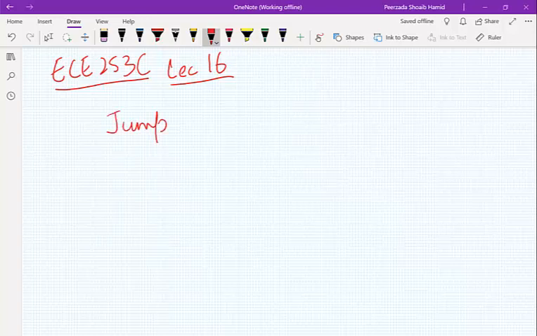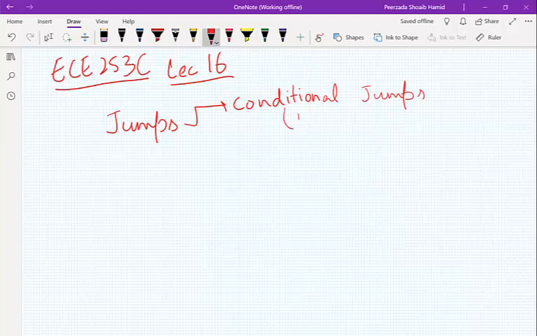We also know that jumps can be of two types: conditional jumps, those which check certain conditions before jumping to a particular location, for example BREQ. In this instruction, the Z flag is actually checked. And then we had unconditional jumps.